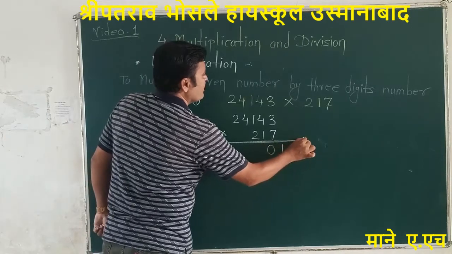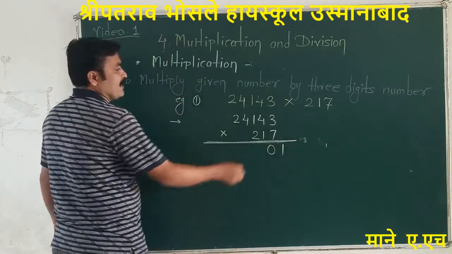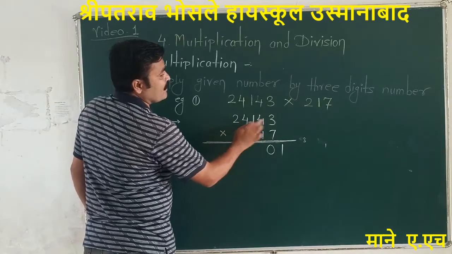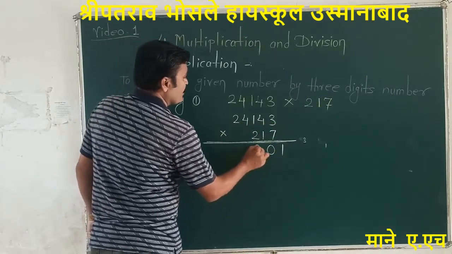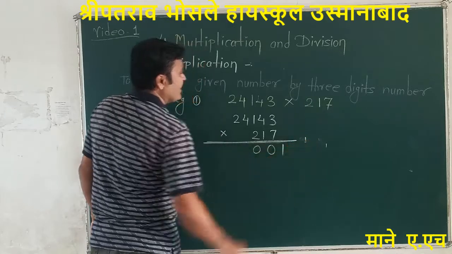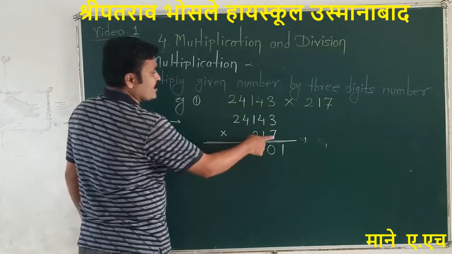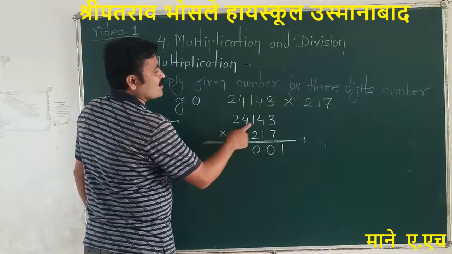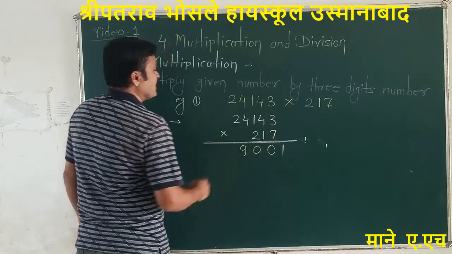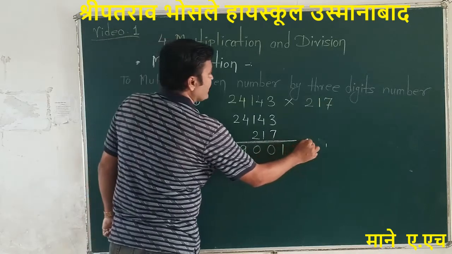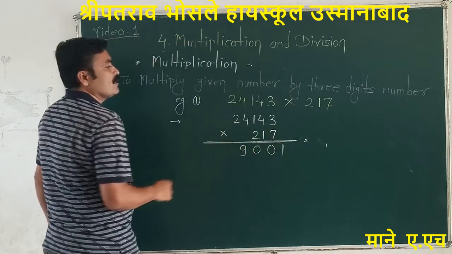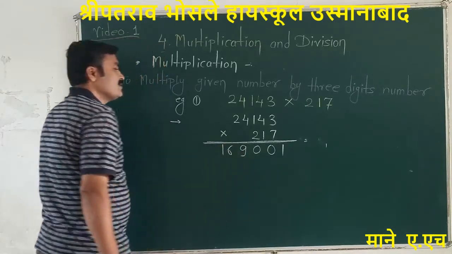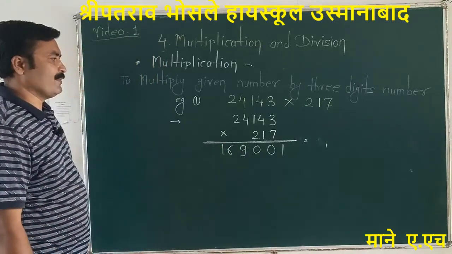For 30, we write here 0, 3 taken as carry. 7 into 1, 7 1s are 7. 7 plus 3, that is 10. Write here 0, 1 taken as carry. Thereafter 7 into 4, 7 4s are 28 plus 1, 29. Write here 9, 2 taken as carry. 7 2s are 14. 14 plus 2, 16. This is the multiplication done by 7.